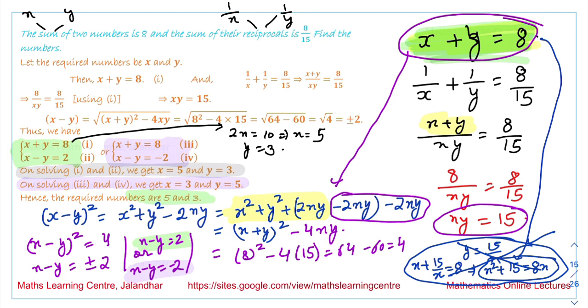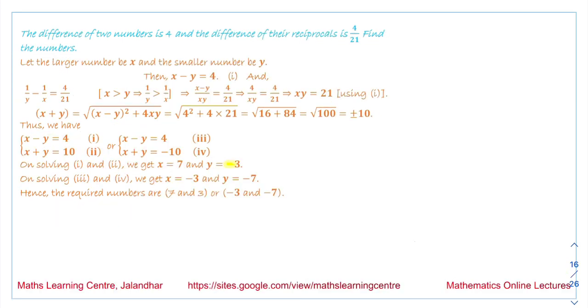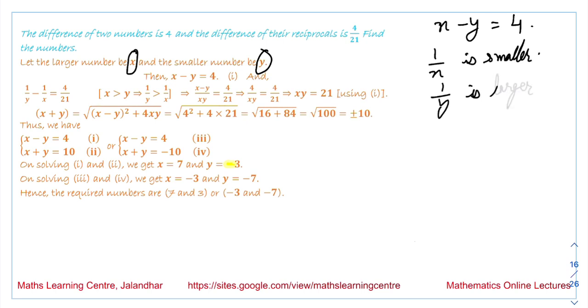Now the next question: the difference of two numbers is 4. Suppose the larger number is x and the smaller number is y, then x minus y is equal to 4. Now if x is larger and y is smaller, it means 1 by x is smaller and 1 by y is larger.